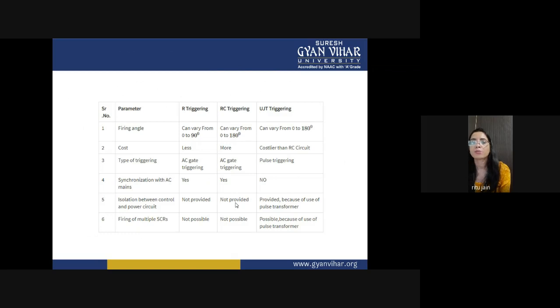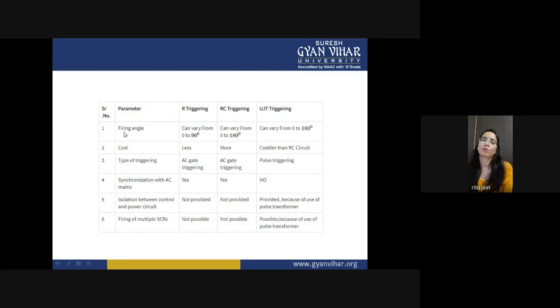These are a few parameters by which you can compare R, RC and UJT triggering. The UJT triggering we will discuss in our next lecture. So in this lecture, you can compare R triggering and RC triggering. One is your firing angle.